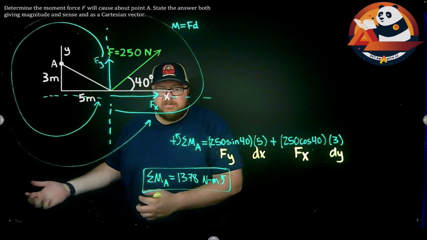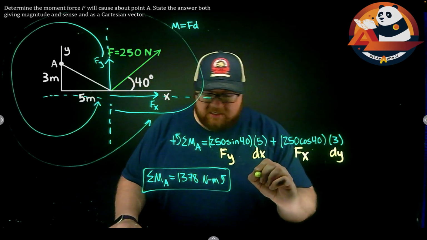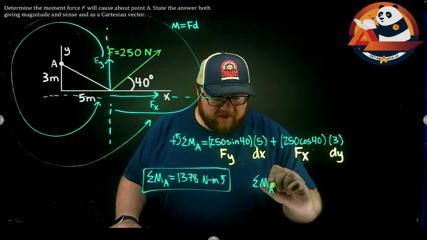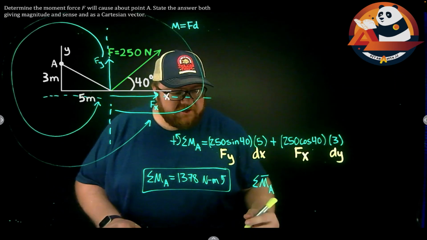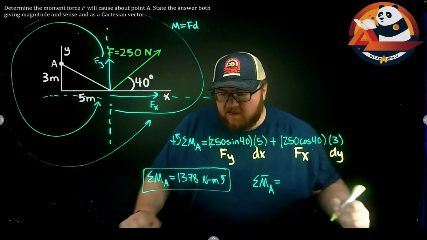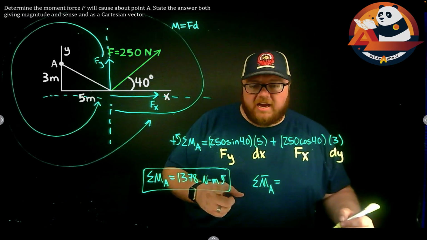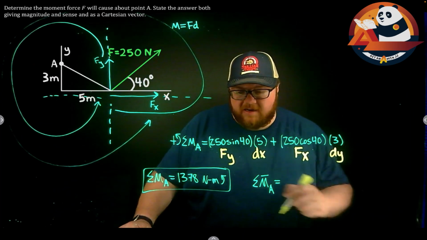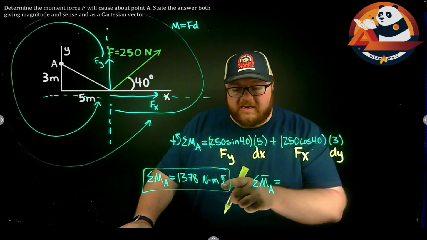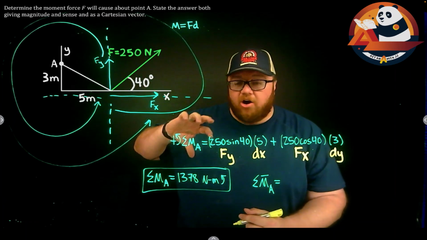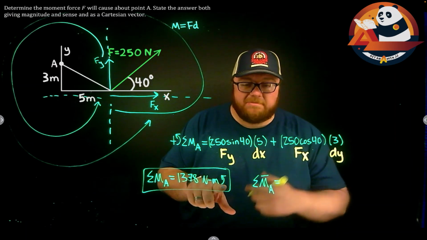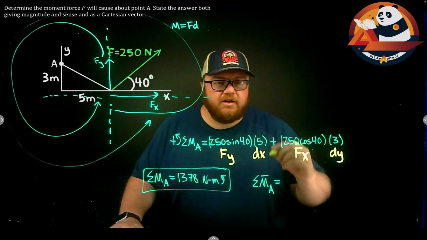If I want to get that to a Cartesian vector, I'd just be saying, well, now it's my sum of my moments about point A as a vector should be, any rotation I have in the xy plane, really I'm spinning about a z-axis for that. So this is a z or a k, and it's always going to be that a positive rotation, a counterclockwise rotation, and positive k go together.